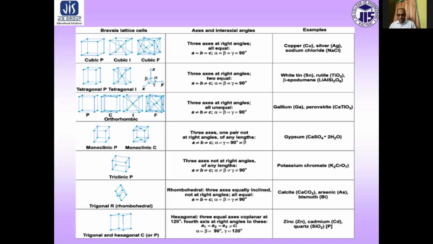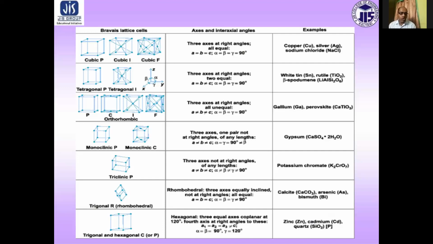The simplest structures are those obtained by placing atoms of the same kind at the points of the Bravais lattice. Metals may not exist with all of the above structures.